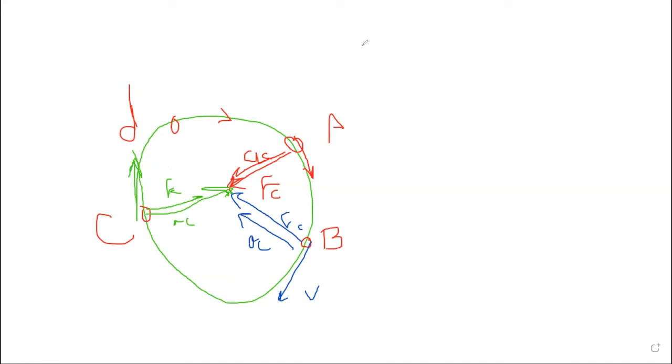At position D, the direction of centripetal force is the same, toward the center. But what about the direction of acceleration? Toward the center. A_C, F_C. The direction of velocity, like this.